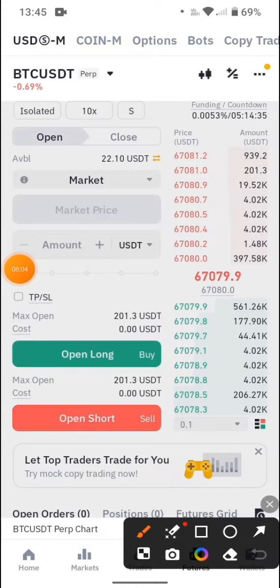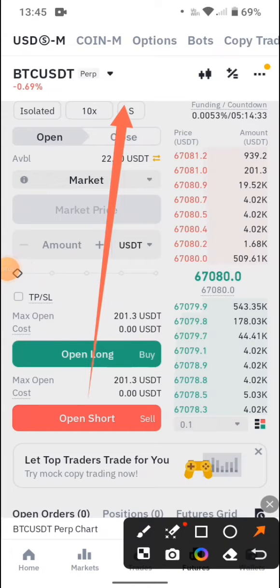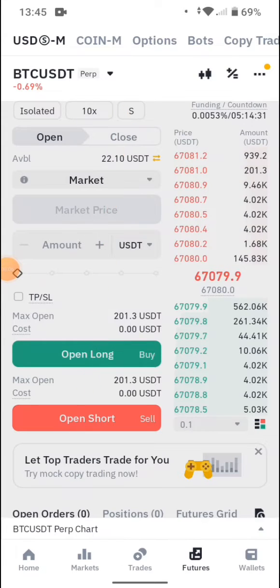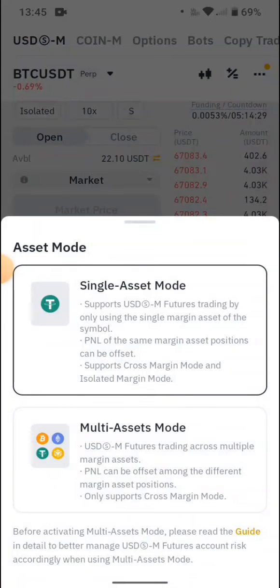So let's come to the top here, where if you tap this, these are the asset modes. We have the single asset mode and the multiple asset mode. Whenever you select the single asset mode, you can select between the two margin modes: either isolated or cross.